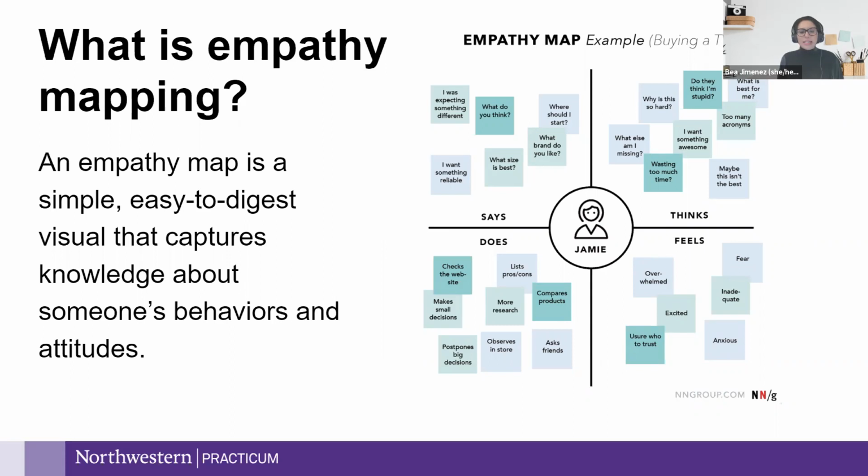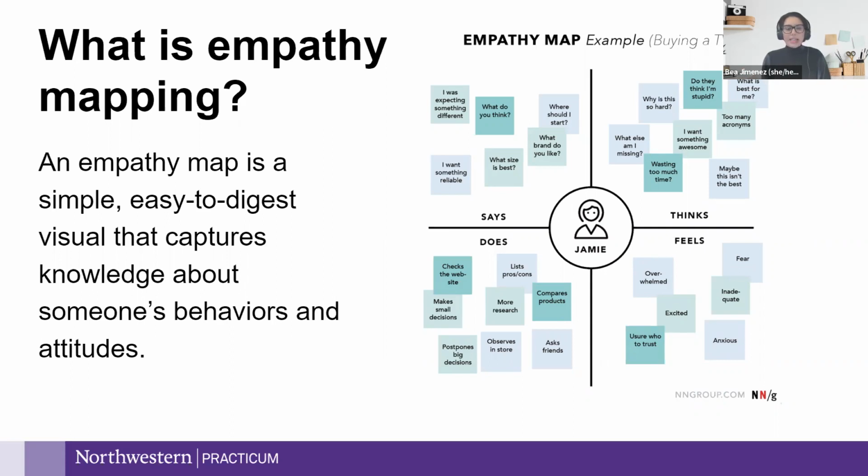As you can see here, traditional empathy maps are split into 4 quadrants: says, thinks, does, and feels, with the user or persona in the middle. In this case, our personas are going to be a segment of your student population. So for instance, here in this slide, this is an example about a consumer, Jamie, who wants to buy a TV.